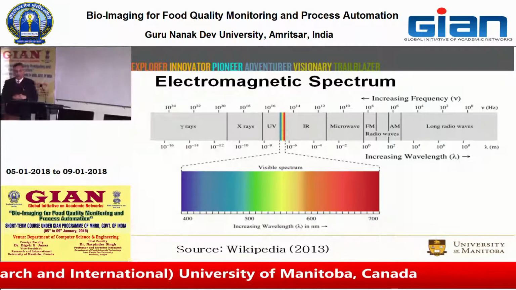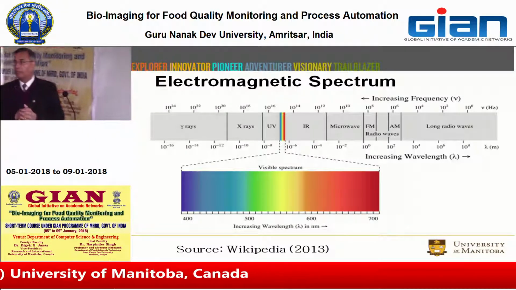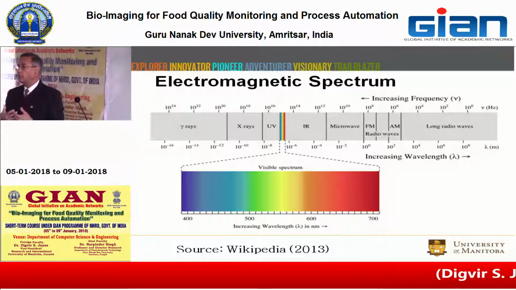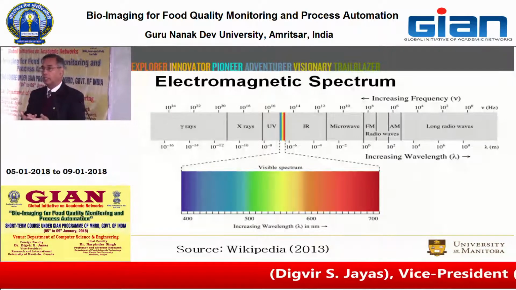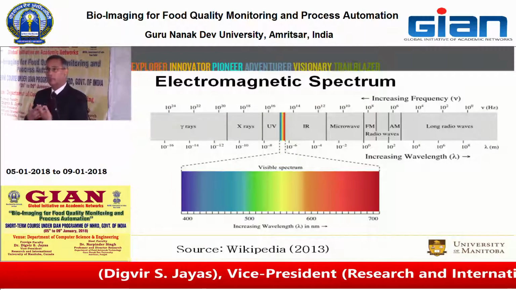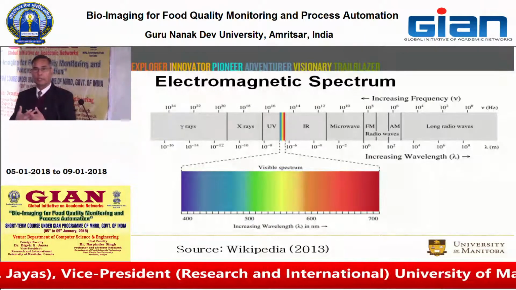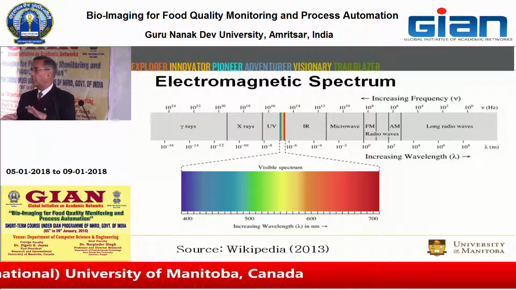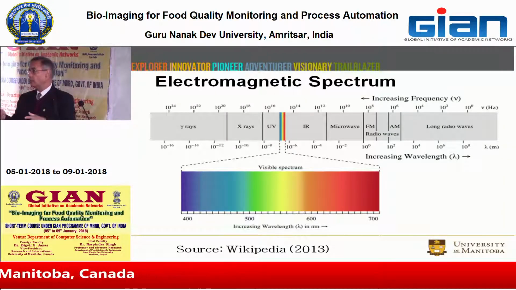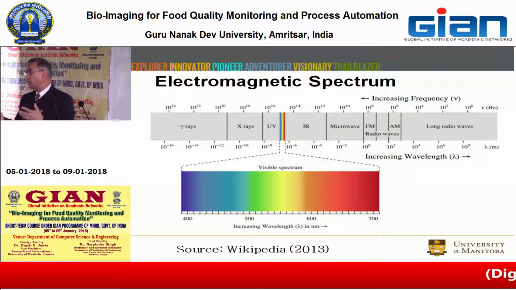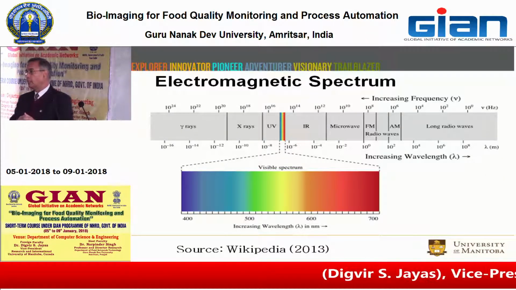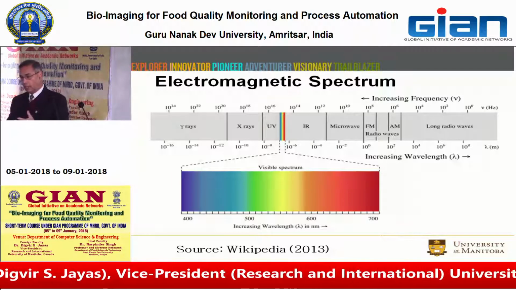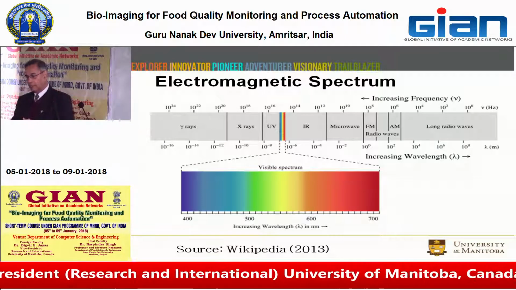UV is not very commonly used for image processing, but it's certainly used for detection of fluorescence. Some microbes will fluoresce under UV lights, and then you can do the imaging using a UV camera or photospectrometer, but it's not very commonly used for image processing.